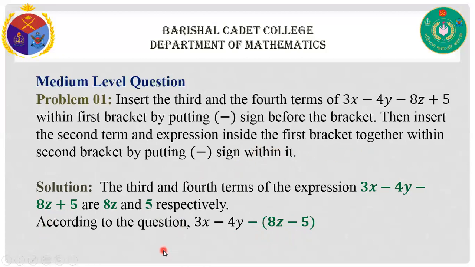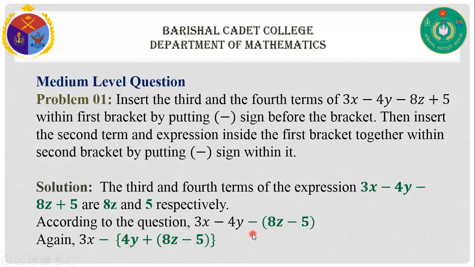Now again 3x minus the second term is 4y. It has positive sign, it has negative sign, and we have just put minus sign before the second bracket, so it will be positive sign inside the bracket.